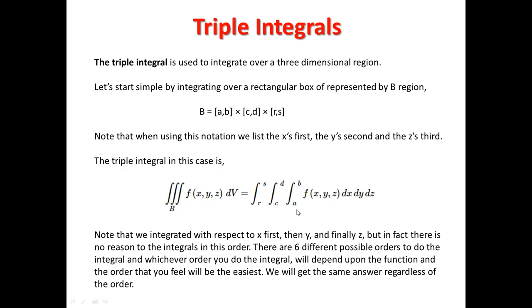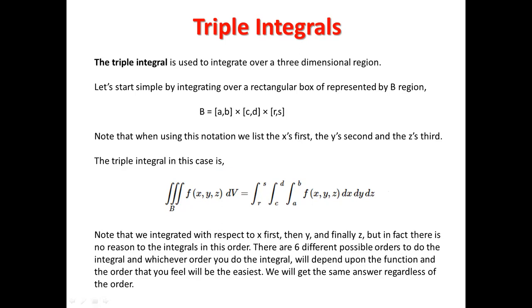Now, as to what particular limit would appear in your integrals, that would depend on what differential you write first. When we do multiple integration, we always evaluate starting from the inside going out. So you start evaluating with the differential of x, followed by the differential of y, then followed by the differential of z. Note that in this case, we have integrated with respect to x, then y, and z.